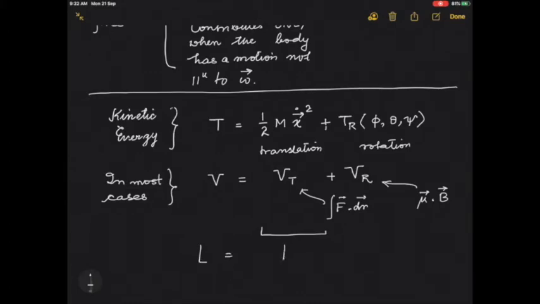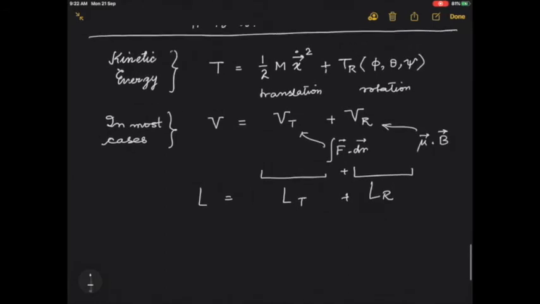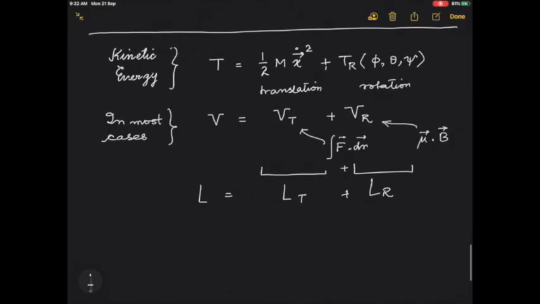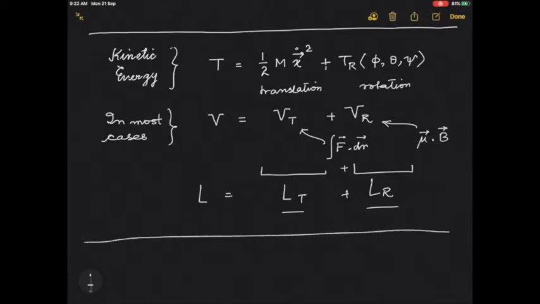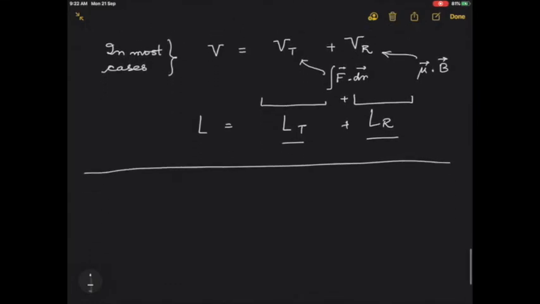And now because these two sectors are separated out, even in the Lagrangian I will have a translational sector plus a rotational sector, and the analysis of rigid body motion becomes extremely simple, in the sense that I can separately work out the equation of motion for the translation and rotation.